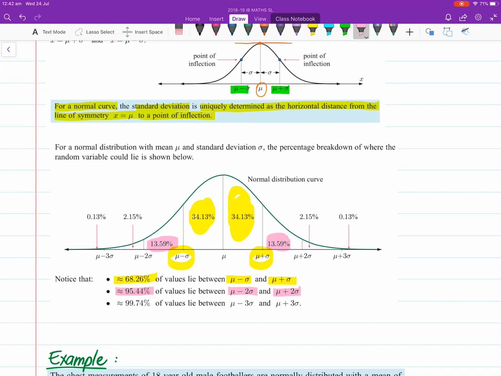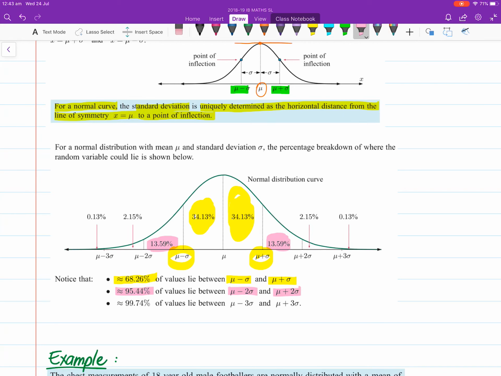Say it's year 12 students doing a maths test. You'd be able to model it quite well with a normal distribution like this, where about 68.26% of the kids will get within one standard deviation of the mean, and 95.44% will get between mu minus 2 sigma and mu plus 2 sigma.